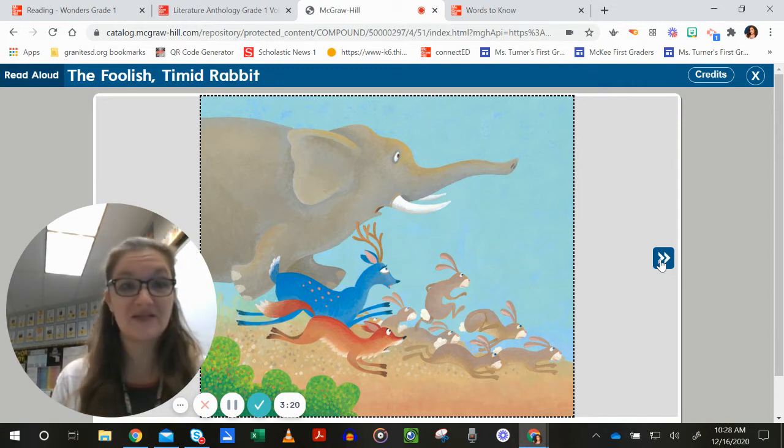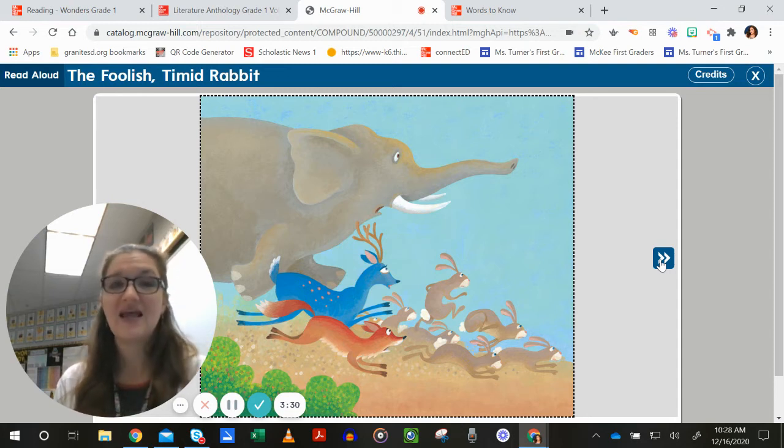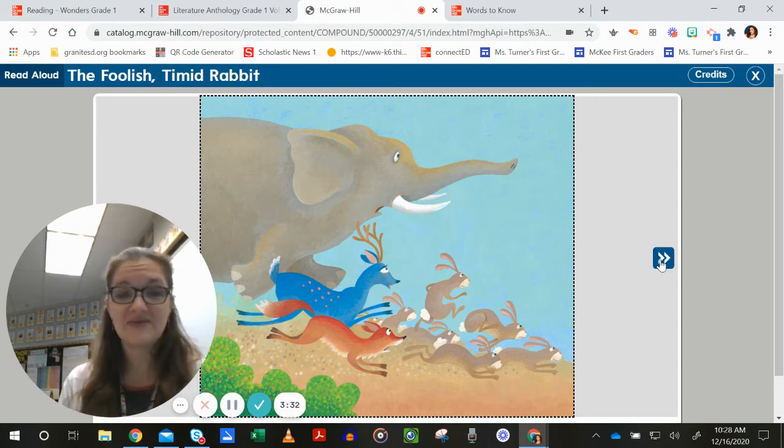Soon all the rabbits were running as fast as they could. Next, the rabbits met a deer. "Hurry! The earth is breaking up!" they exclaimed. The deer began to run behind the rabbits. Soon the deer saw a fox. "Get moving! The earth is breaking up!" yelled the deer. So the fox ran behind the rabbits and the deer.